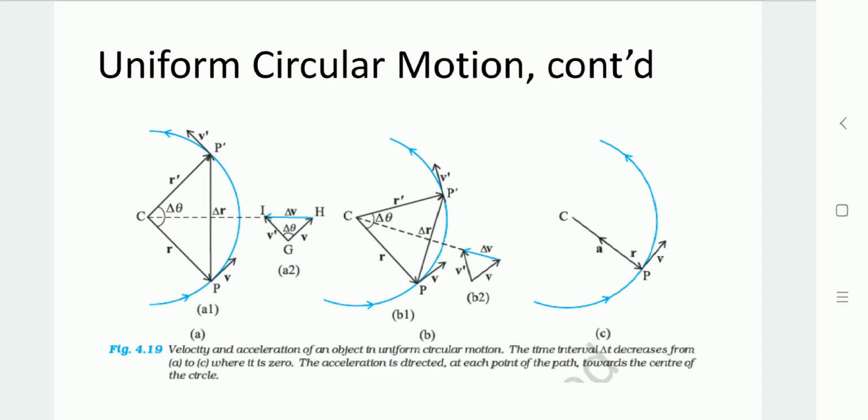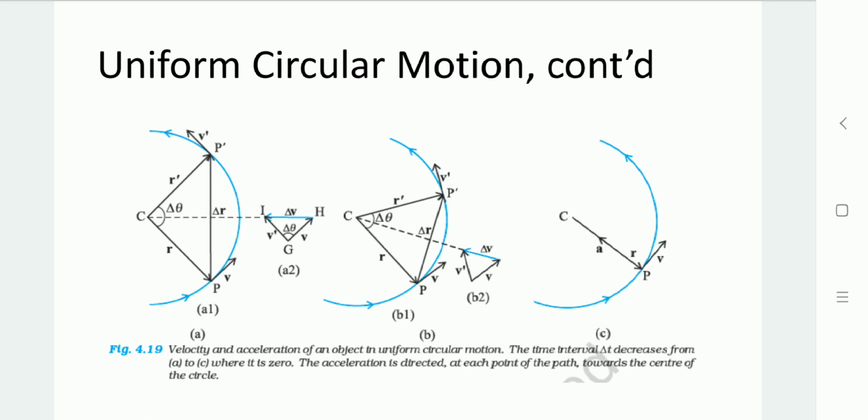The actual displacement done by the object is defined by the straight line between the initial point and the final point, irrespective of the path taken by the object. That straight line gives you the displacement, delta r.